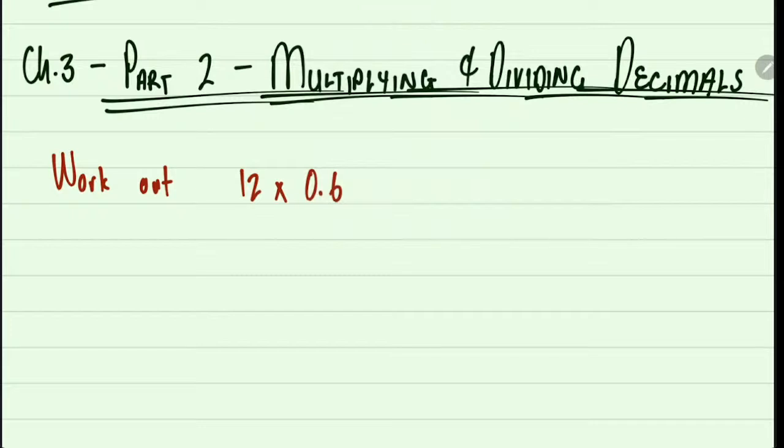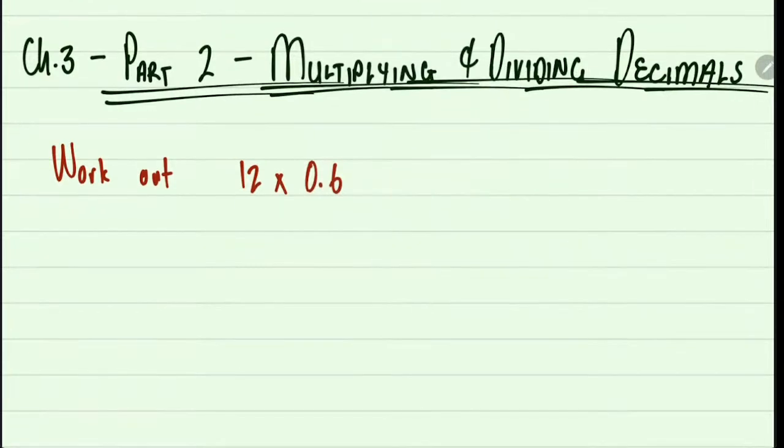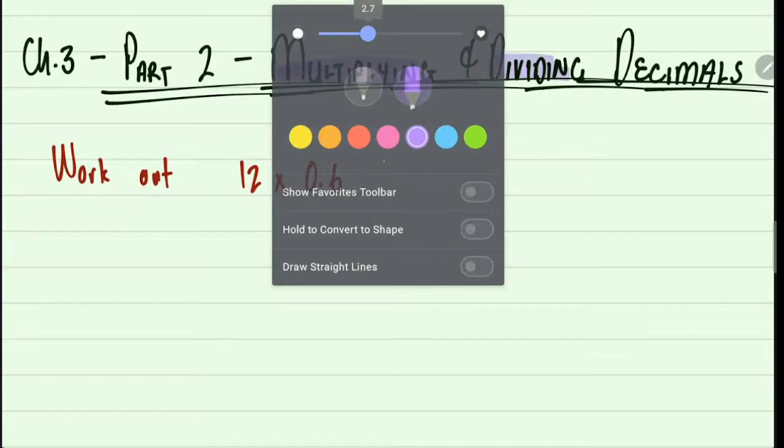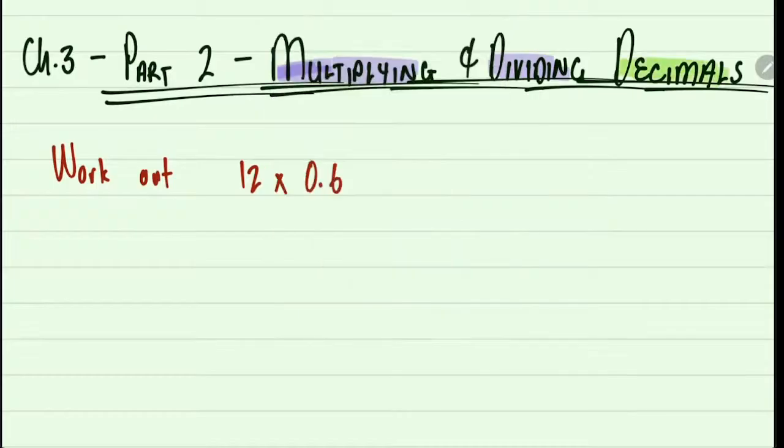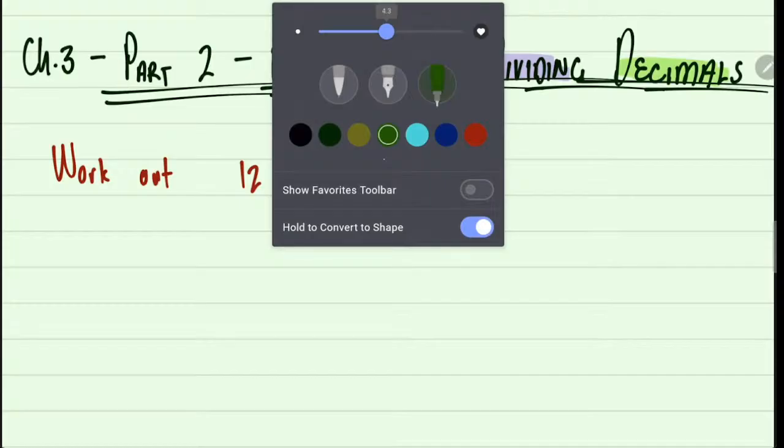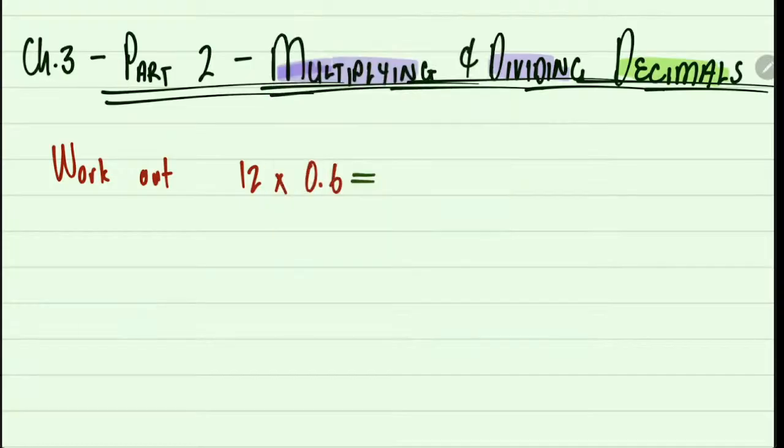When you are dealing with numbers that have decimals, we want to see how you multiply and divide numbers with a decimal place. We call them decimal numbers, numbers with a comma. When you're multiplying and dividing numbers with a comma, the first thing you do is ignore the comma.